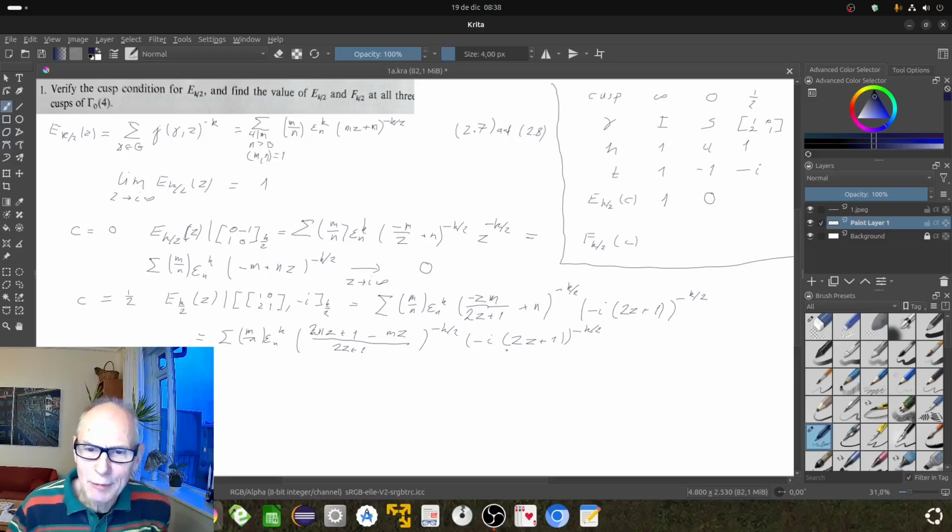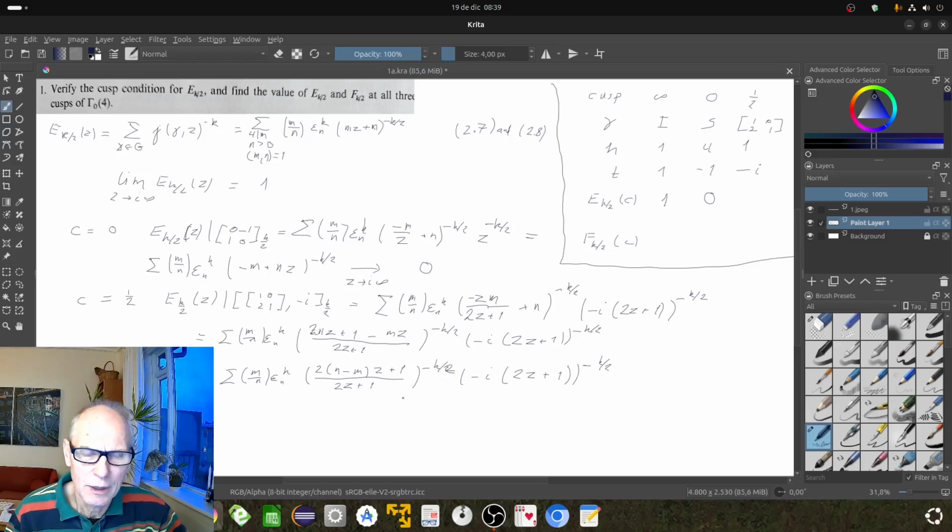So we see some cancellation will occur here. Could we do something? If we take the square, then this will cancel.